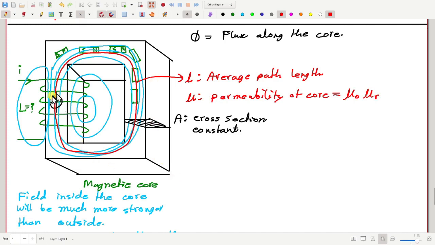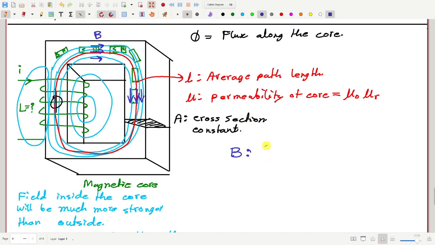Then let us calculate how much is phi. Then B, the flux density anywhere inside the core, is constant everywhere, because the cross-sectional area is assumed constant.